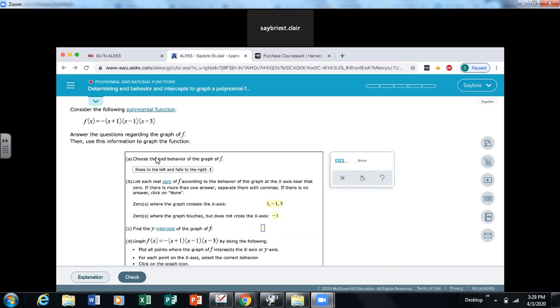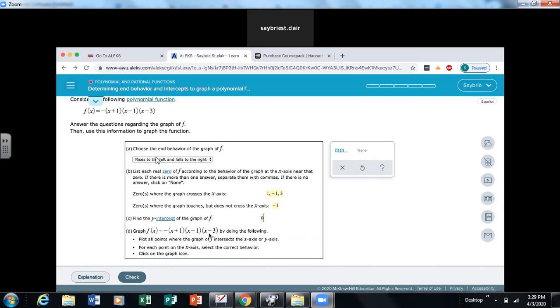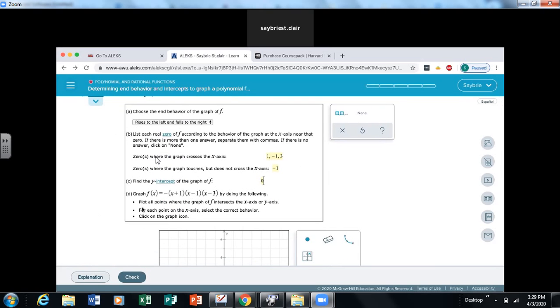Let's see. All right, the Y-intercept. I would say is 0 because there's no other extra number there. And now we need to graph it.